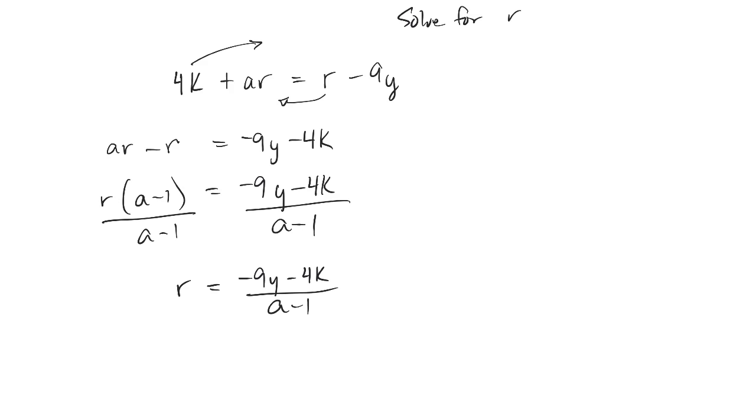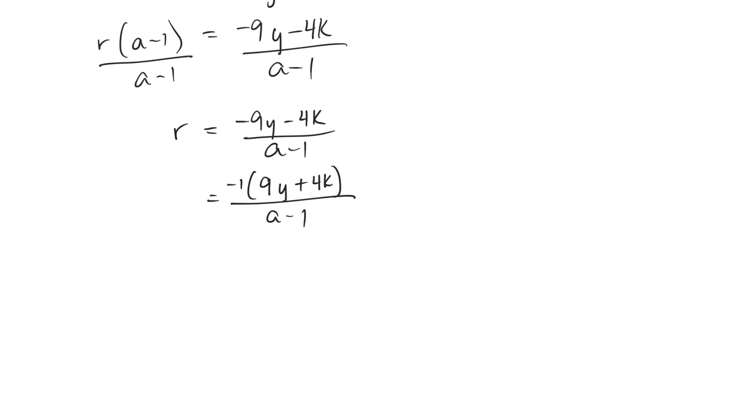Now I could, on the top, factor out a negative 1 to leave 9y plus 4k. And maybe to take it even a step further, you could apply that negative to the bottom. Or in other words, I can multiply both top and bottom by negative 1. These two would cancel, but then on the bottom, let me just rewrite the top.